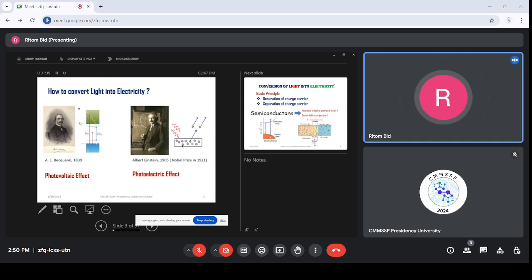And another way we can get charges from light is the photoelectric effect. All of you know about the Nobel Prize of Einstein for the explanation of the photoelectric effect, that electrons are ejected from the surface of the metals if the energy of the incident photon is greater than the work function of the metal itself. So in the photovoltaic effect, the charge carriers that are generated stay inside the material.